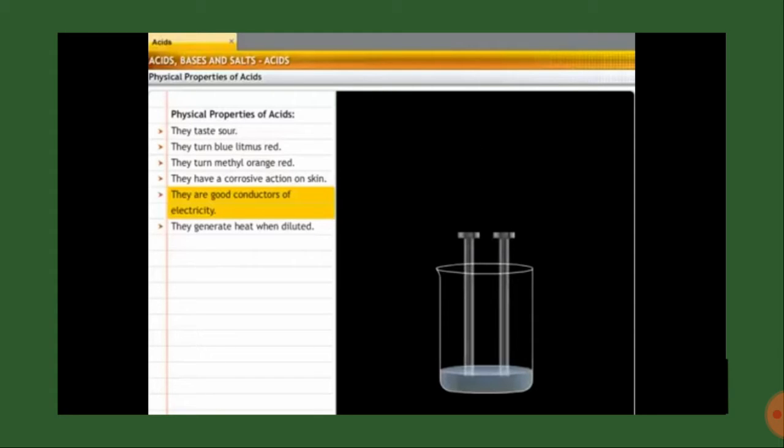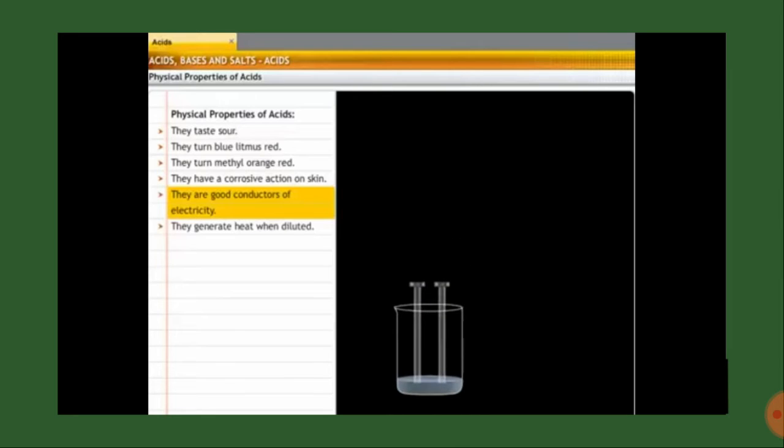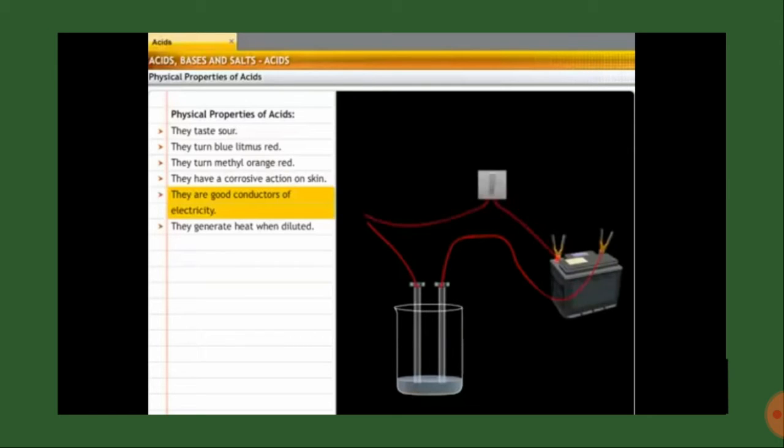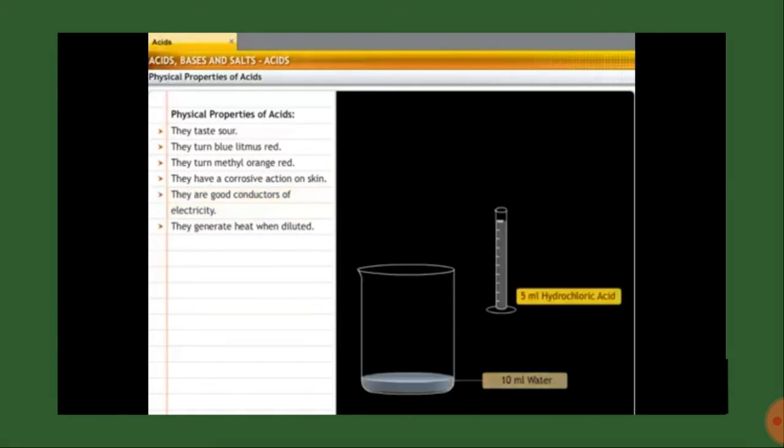Insert 2 carbon rods in the acid and connect the rods with an electric wire in series along with the battery, switch and a bulb. Switch the socket on and observe the bulb will glow. So this shows that acids are good conductors of electricity.